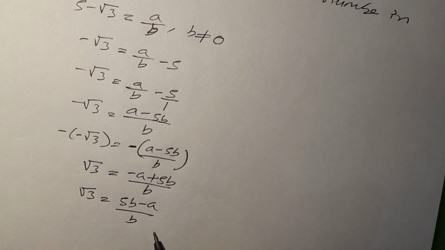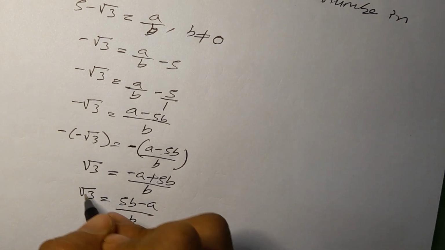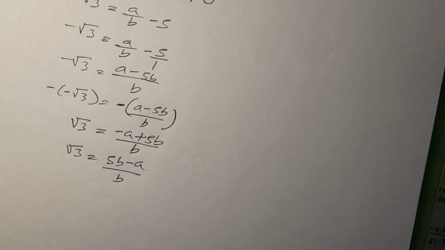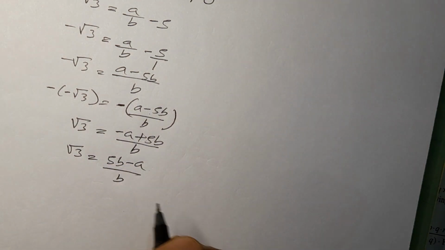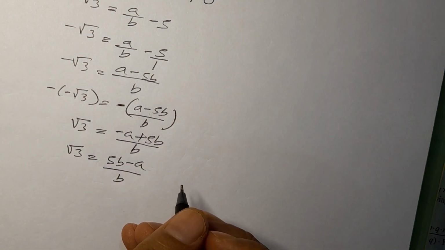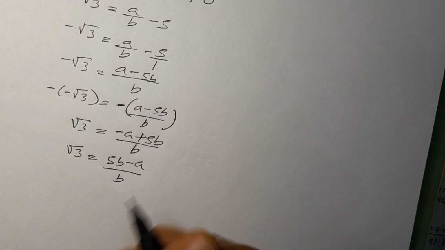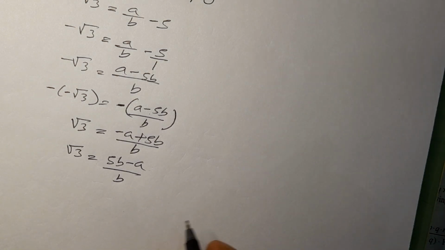See, now this is a rational number. So this was also a rational number, but we know that root 3 is not a rational number, it's an irrational number. So our contradiction is that it contradicts our assumption.